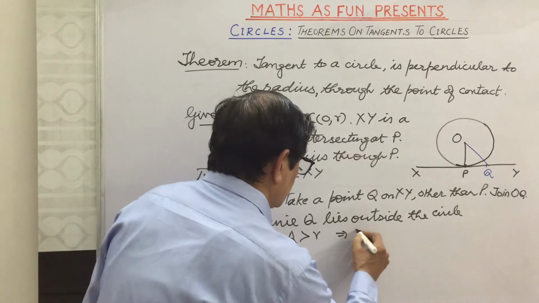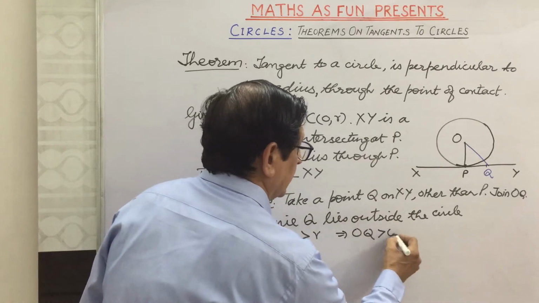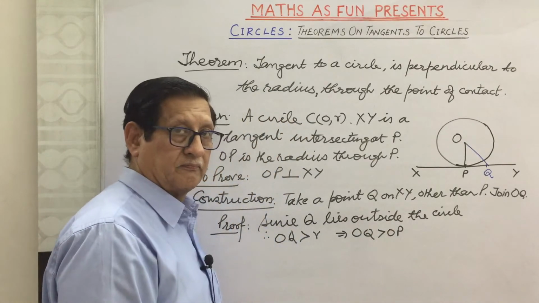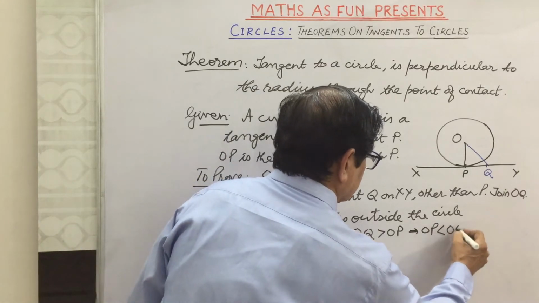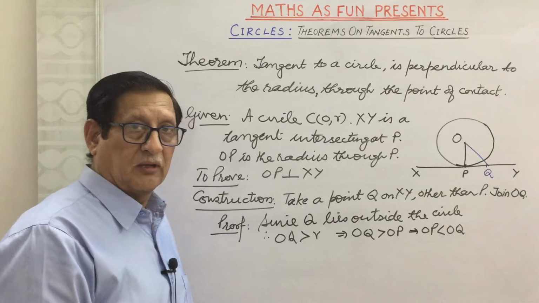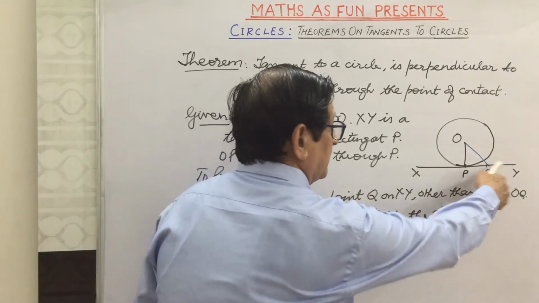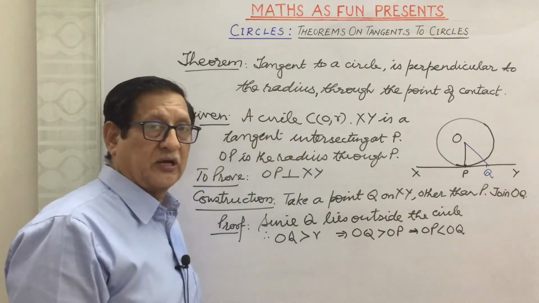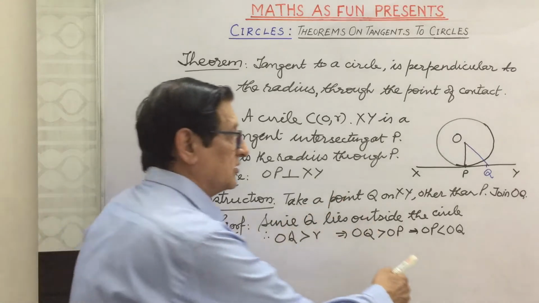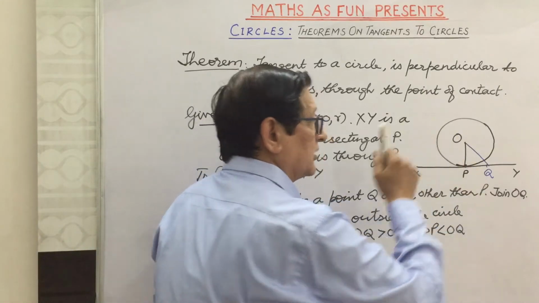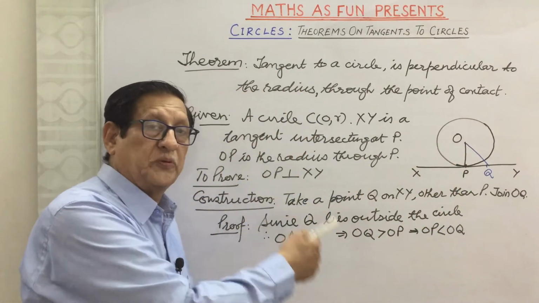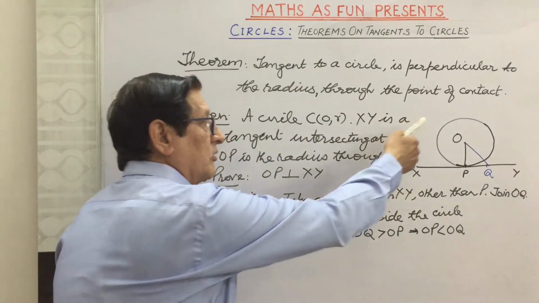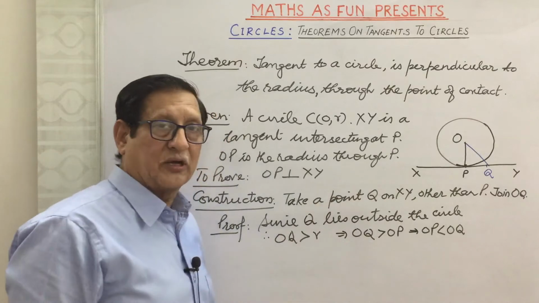It means OQ is greater than OP. It means OP is less than OQ. It means if we take any point other than P on this line XY, the line joining to that point will be greater than this OP. It means OP is the shortest line drawn from O to XY.